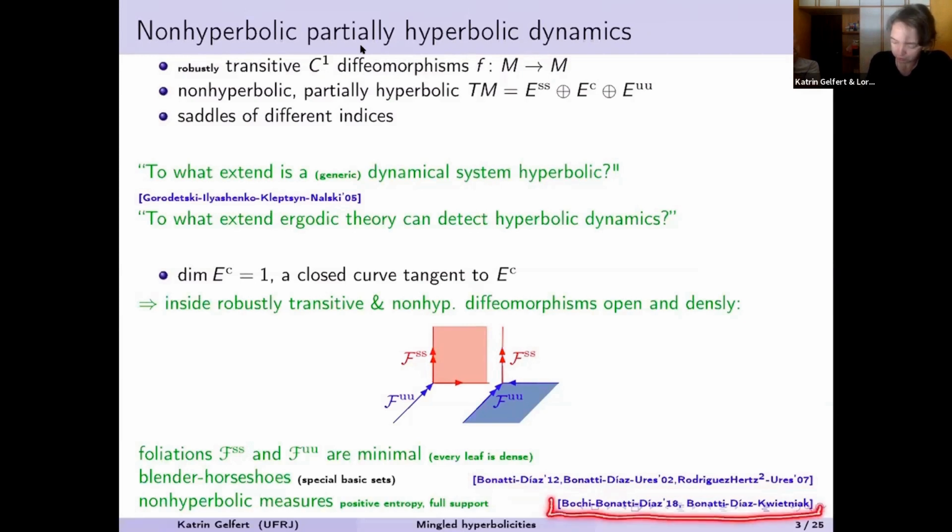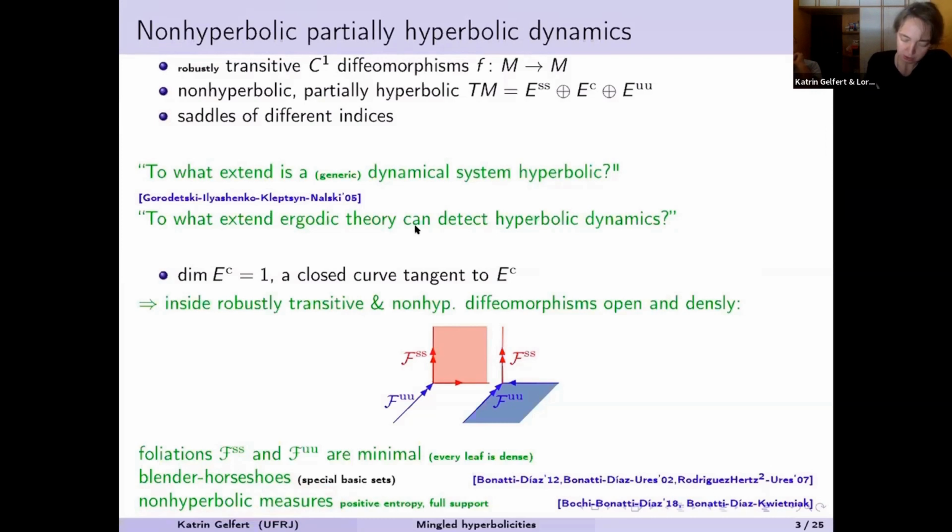Christian mentioned some works here. I forgot the paper by Bonatti, Díaz, and Gorodetsky from 2010, where they have shown that those measures have large support. And in my talk, I would like to talk about this existence of non-hyperbolic measures, and in particular, talk about the construction of those non-hyperbolic measures.